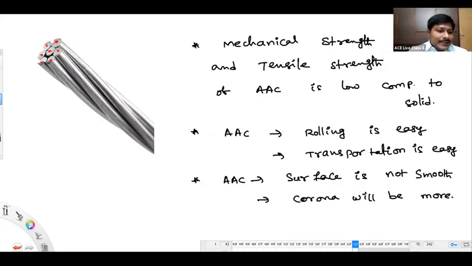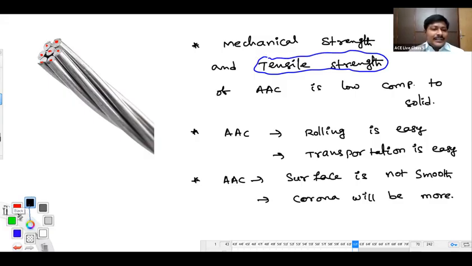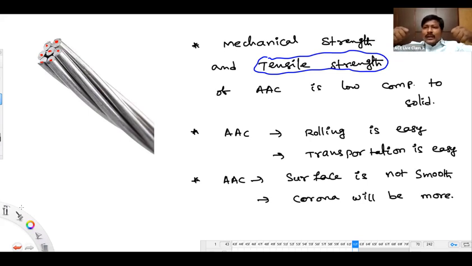What do you mean by this term tensile strength here? What's the meaning of tensile strength? Tell me, anybody, what do you mean by tensile strength actually? So simply, if you are attempting to connect a wire or a conductor, or even a thread, between two fixed points, you want to stretch a wire or a thread, that wire is going to experience some tension between the two fixed points.